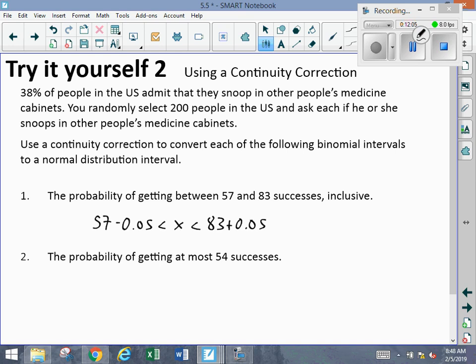So then that interval is actually going to be, my bad, not 0.05, 0.5. So this is going to become 56.5, and this one will become 83.5. It is that simple. That's it.